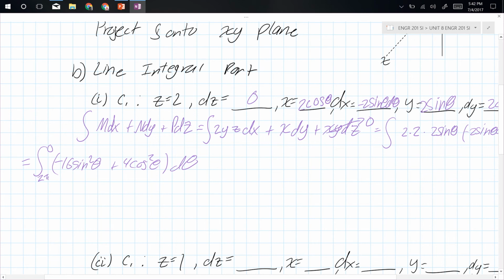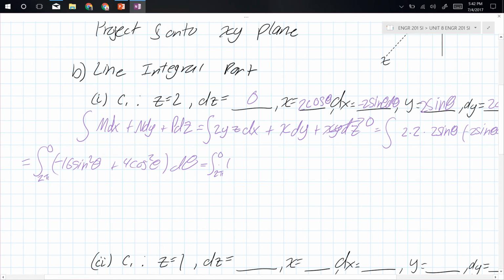So from 2 pi to 0, the half-angle formula for cosine squared is 1/2 times 1 plus cosine 2 theta, and for sine squared it's 1/2 times 1 minus cosine 2 theta. Sorry, blanking right now. So I'll just go ahead and do it.